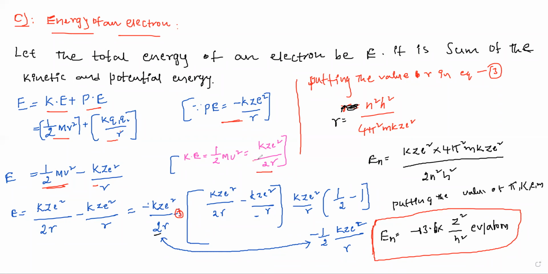Now K Z e square by 2R minus K Z e square by R, what is the total value? It is minus K Z e square by 2R. How? Here K Z e square by R is common, then 1 by 2 minus 1, so after simplification we get minus of K Z e square by 2R. Okay?